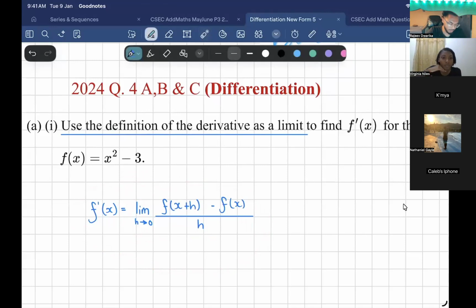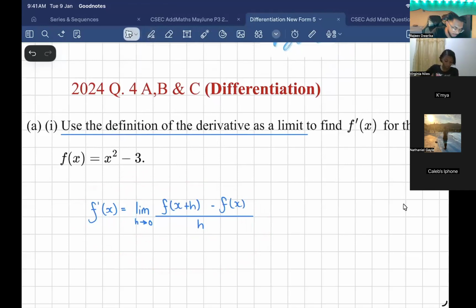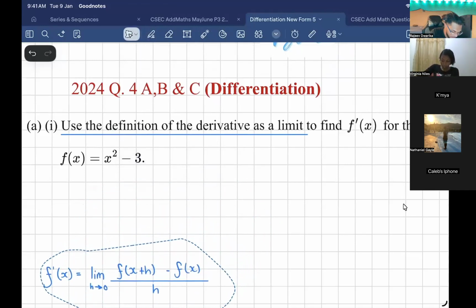All right. So, Kamaya, where did you get stuck? Talk to me. I think it was my finding of f of x plus h. Because I just got -3.